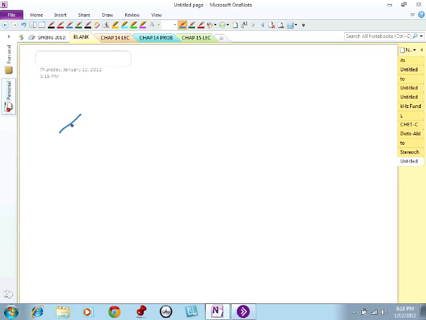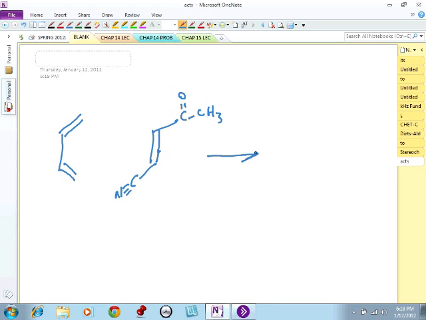If, on the other hand, we start with a trans dienophile and we perform our Diels-Alder reaction, what do you think the stereochemistry of the product will be?